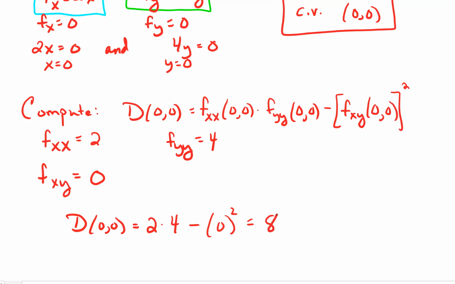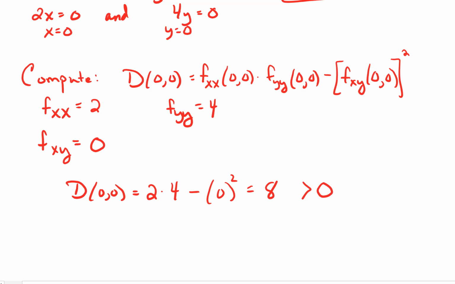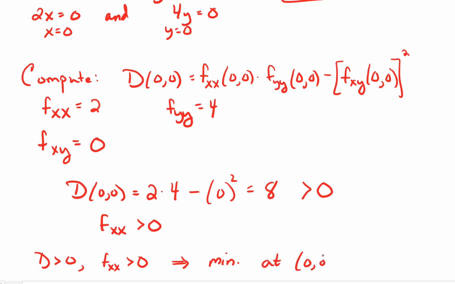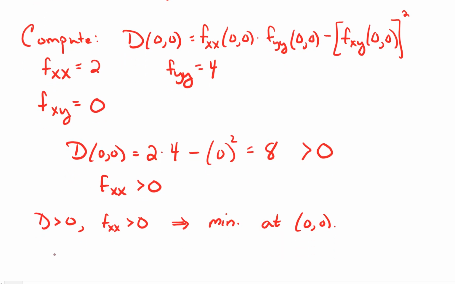In other words, our D value is positive. Also note that the second derivative with respect to x is positive, and when you've got D positive and your second derivative with respect to x positive, this implies that you have a local min, and we have a min at our critical value 0, 0. If we plug that into the function, that actually is the absolute min of the function, which is 0.